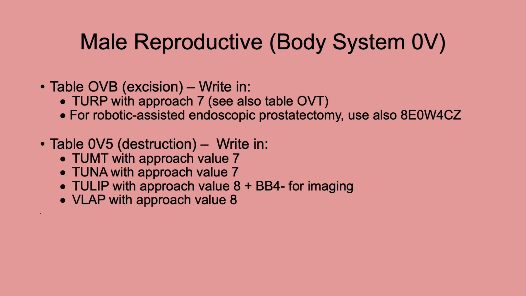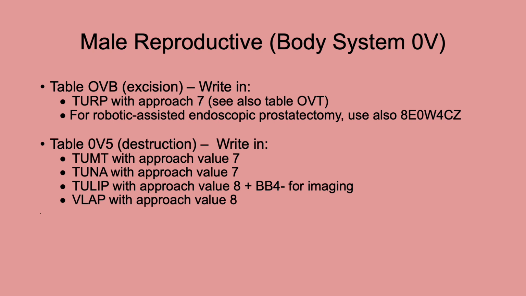There's a lot of stuff on the prostate, so here we go. Table 0VB, excision, write in TURP with approach 7. For robotic assisted endoscopic prostatectomy, see also 8E0W4CZ.